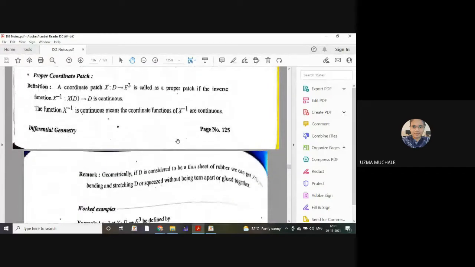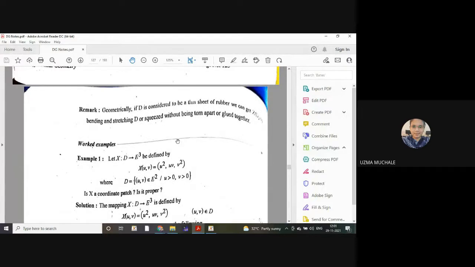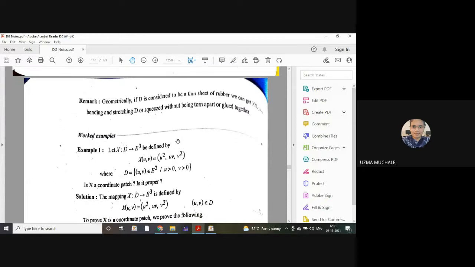In detail, we have seen coordinate patch. So you can see again here, T is considered as a thin sheet of rubber, and then we apply the operation, in the sense of bending and stretching. You have to stretch or bend the rubber sheet, and then without cutting it, convert it into any 3D object.